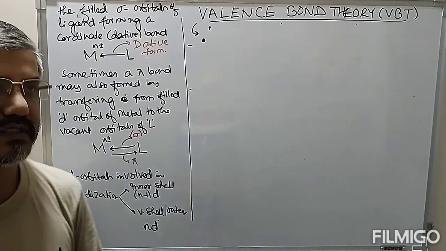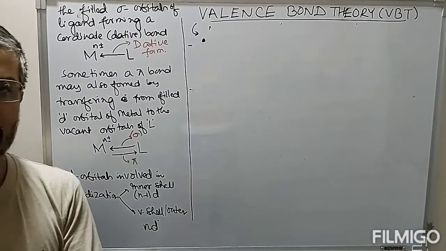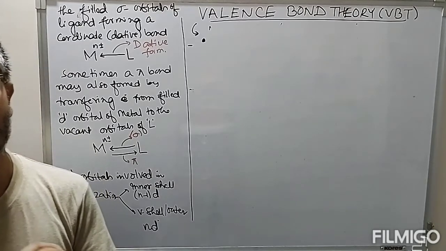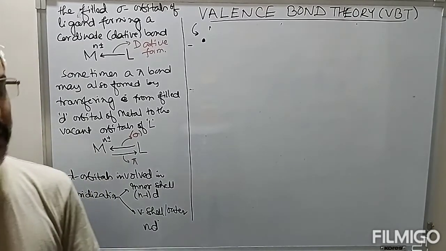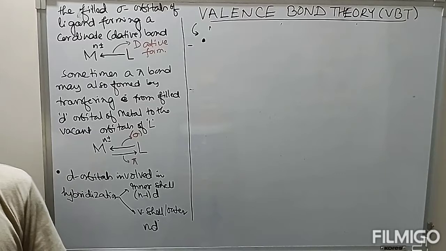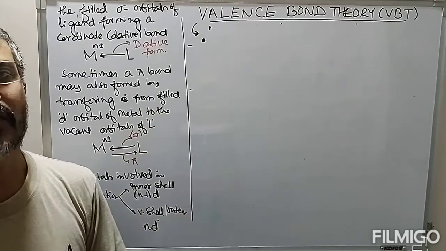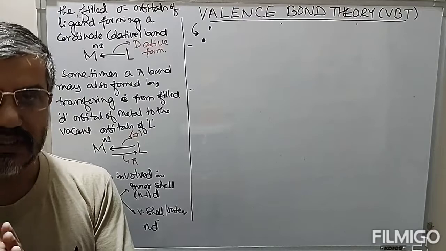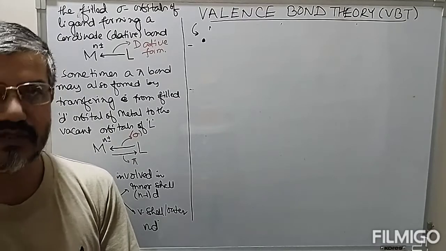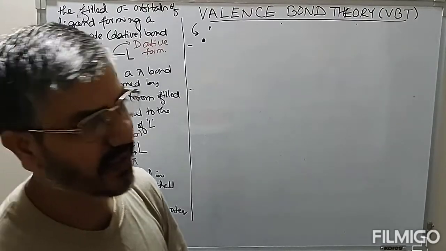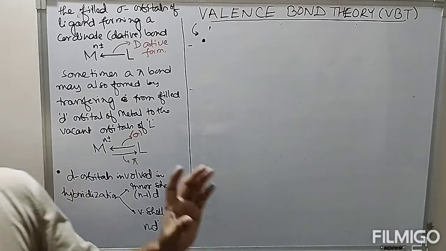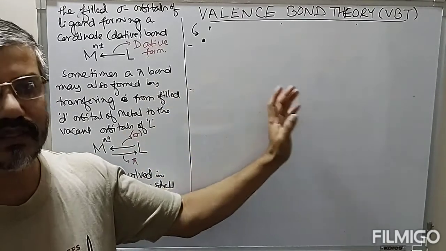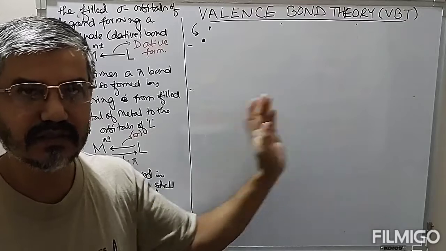Now Hund's rule says pairing of electrons takes place only when all the same energy levels are first singly occupied. But in the formation of a complex, under the influence of ligand, some of these d orbitals may forcefully pair up, violating Hund's rule. That may be possible, but that all depends on the nature of the ligand that is to be bonded with the central metal.